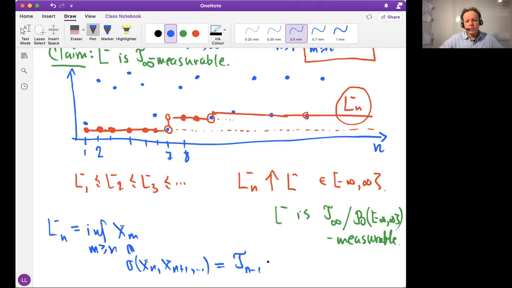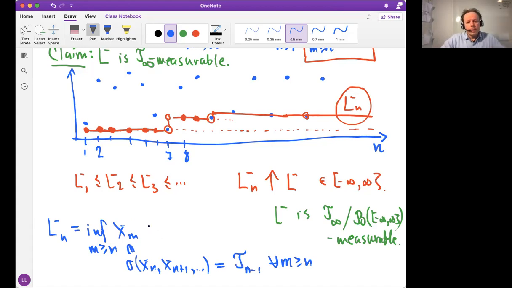And that's true for all m bigger than n. So we have a collection of random variables. Each of these belongs to T_{n-1}. And we have a proposition that the infimum of measurable functions is again measurable.